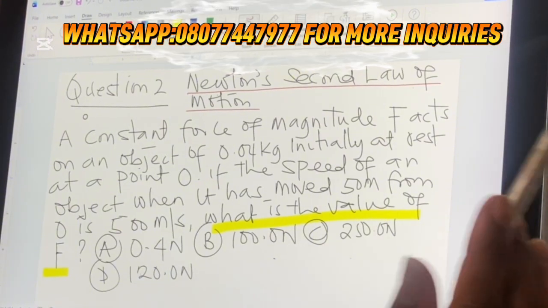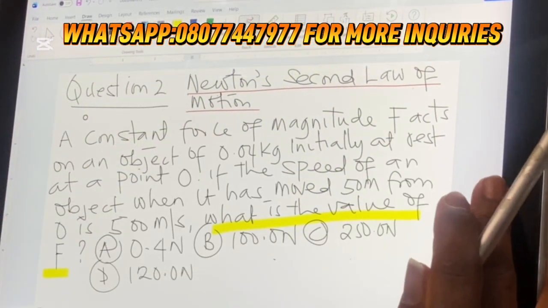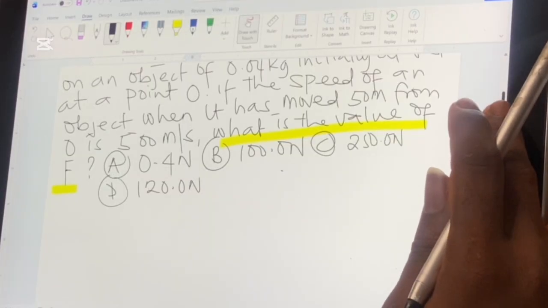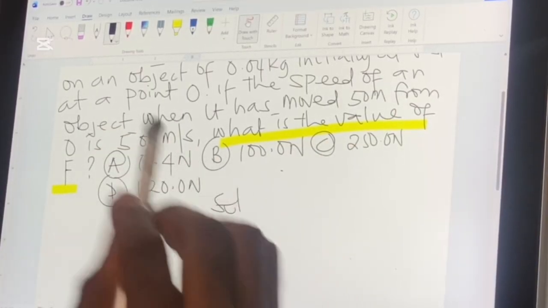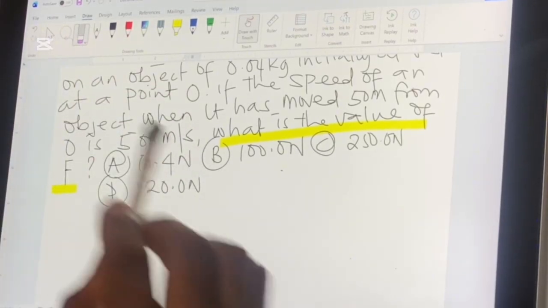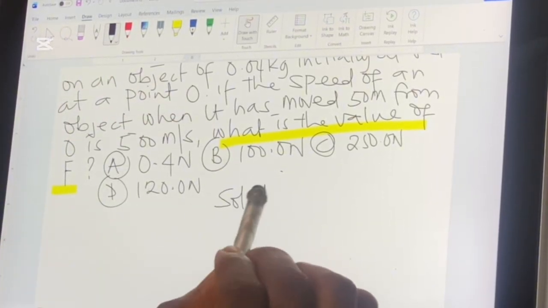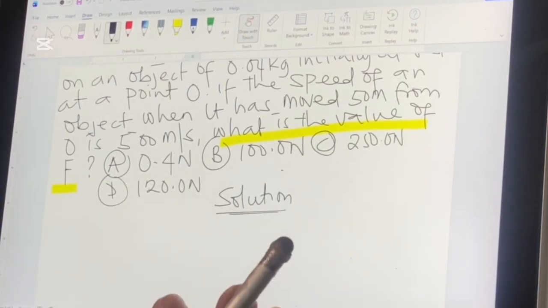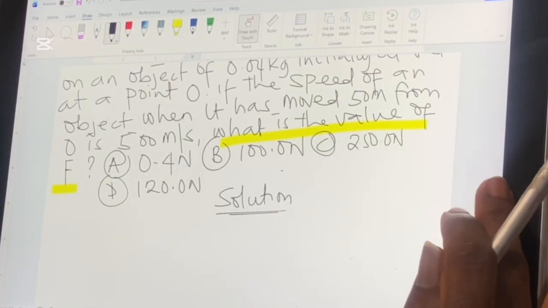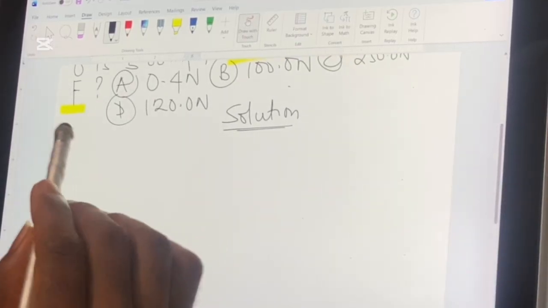But before we solve this, let's list out the parameters. Let's take the solution first. Let's write solution. Now, class, let's understand this question in a diagram here.